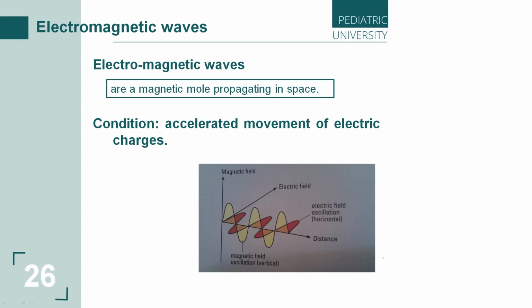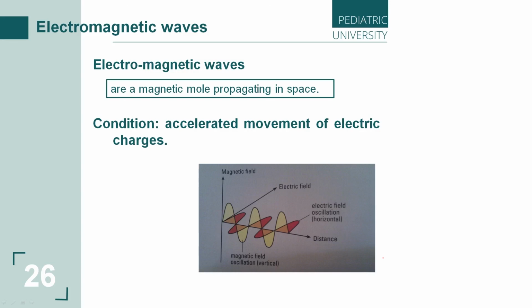Don't forget. For example, if we have mechanical waves, we said that we must have a source of vibration, for example our voice. What about electromagnetic waves? What is the special condition?